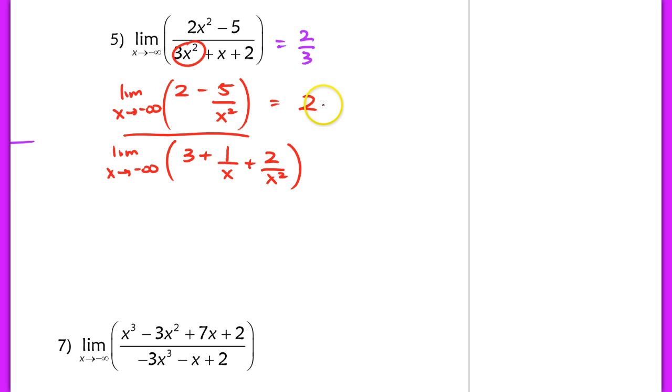So we have 2 plus or minus 0, it doesn't really make a difference here. But we have 2 minus 0, so I just get 2 in that numerator. And then I have the limit as x approaches negative infinity of this constant, 3, plus another 0 plus another 0. So that's why we also get 2/3 if we evaluate that using that algebraic technique.